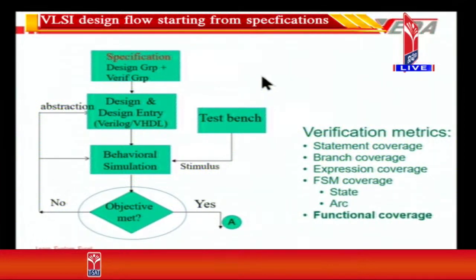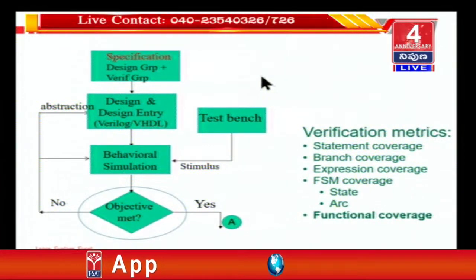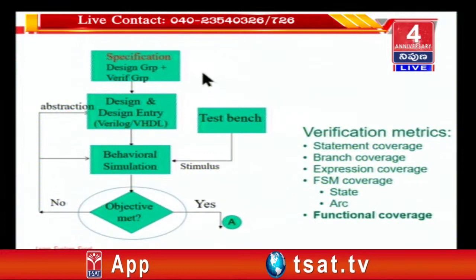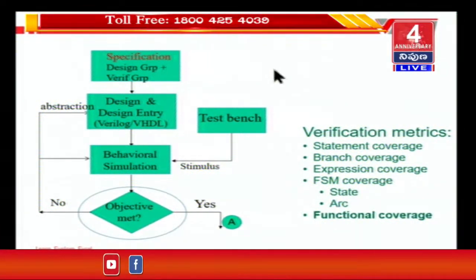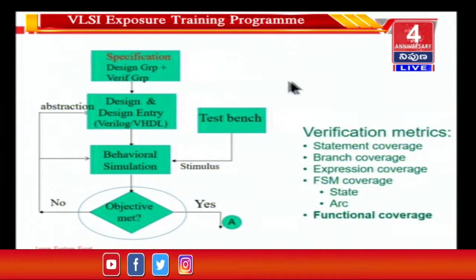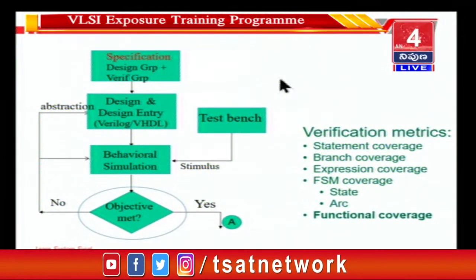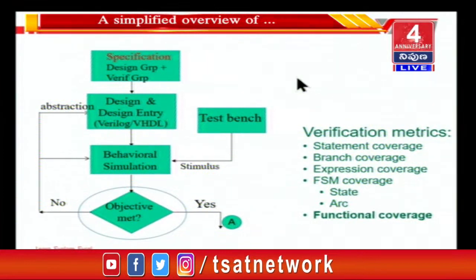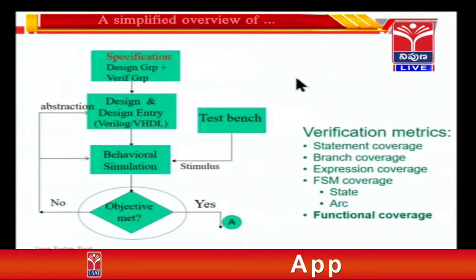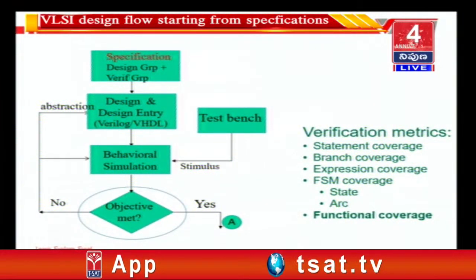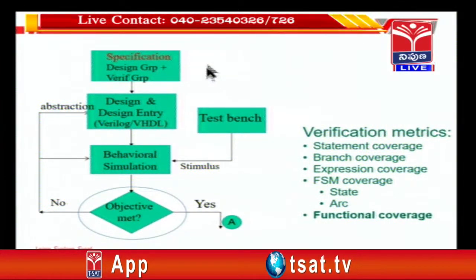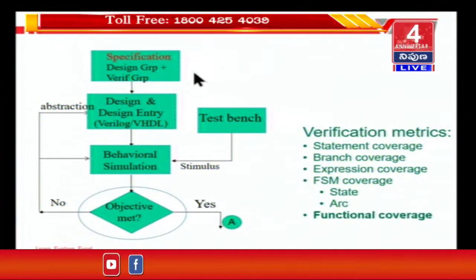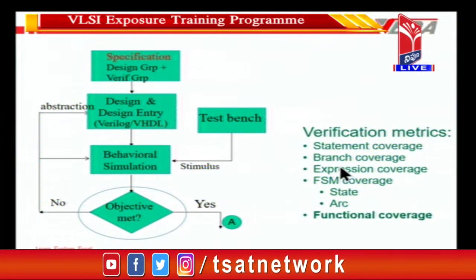So it will check whether the expression for y is becoming 1 because of A alone, because of B alone, because of C alone. Just because y is equal to A or B or C has been executed once, that is not sufficient. The verification must also cover the possibility that y becomes 1 because of A, it becomes 1 because of B independently, and it becomes 1 because of C independently. That is what is meant by expression coverage.